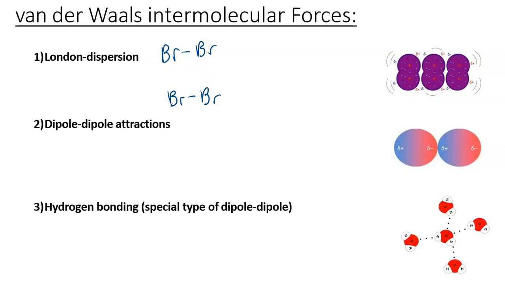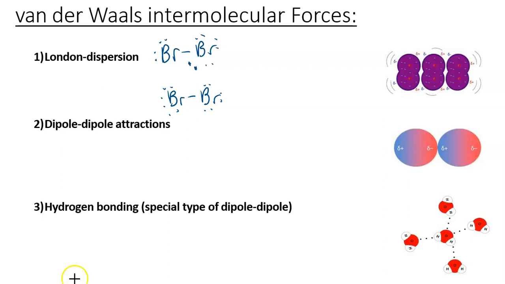But remember, compounds are made up of molecules that have electrons around their atoms. And while these electrons are distributed equally throughout this molecule right now, if you take a snapshot a split second later, maybe some of the electrons are over here, and they're spending less time on the bromine on the left here.